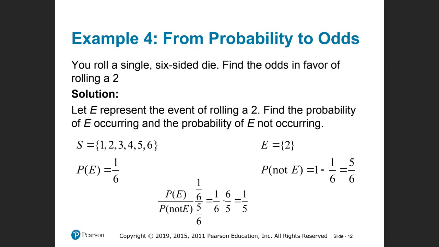The probability of E would be 1 out of 6 because there's only one 2 on a single die. The probability of not E would be 1 minus 1/6, which is 5/6. So the probability of E divided by the probability of not E is equal to 1/6 divided by 5/6. Remember, to do this, we have 1/6 times the inverse of 5/6, which would be 6 over 5. Canceling out the 6's, we get 1/5.